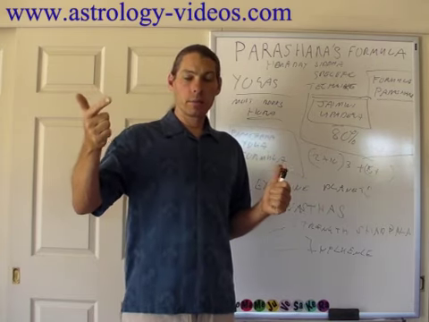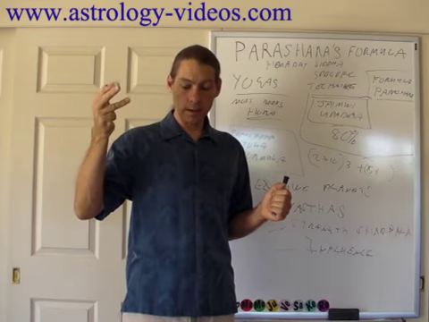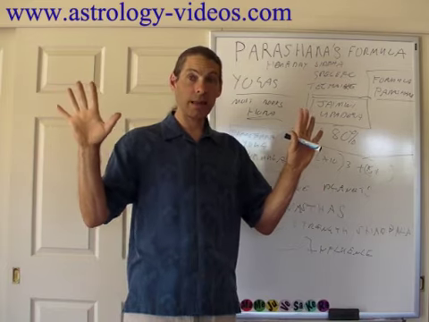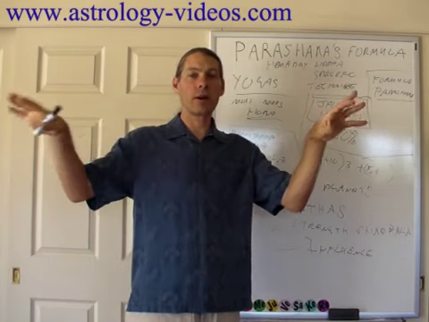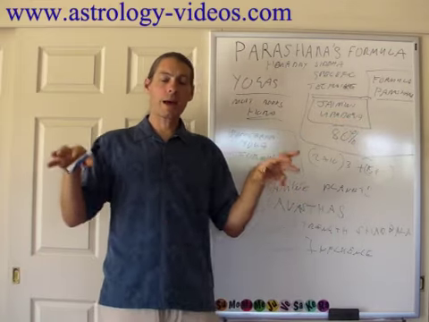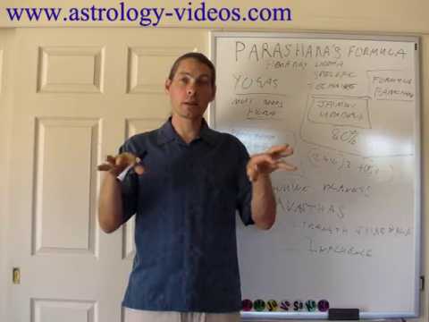Baladya Avasthas, Diptadya Avasthas, Shayanadya Avasthas, Jagaradya Avasthas, Lajitadya Avasthas. Did I miss any? 10 things. So that's like 10 variables in the equation that we're supposed to work with now. And you can imagine how many different ways we can try to make those 10 things work together.